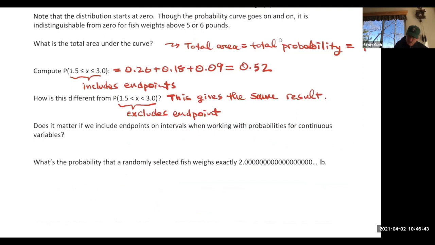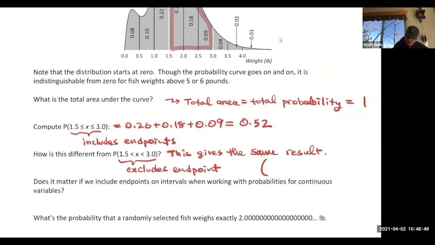Now, again, if you need a reason, I would say the vertical lines do not add area to the graph. So including the vertical lines doesn't change the area.